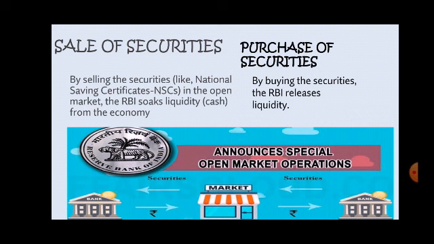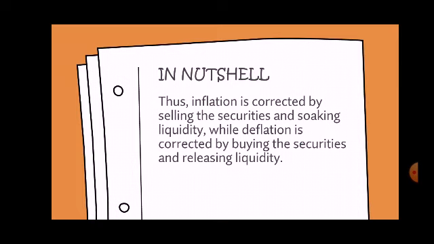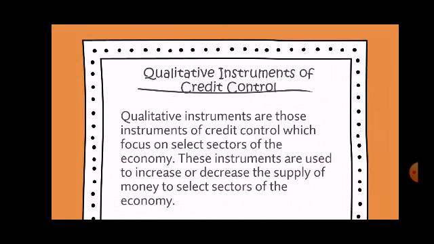Thus, sale of securities reduces the money supply and purchase of securities by RBI increases the money supply in the economy. In a nutshell, when there is inflation, it is corrected by selling securities and soaking liquidity, while deflation is corrected by buying securities and releasing liquidity.